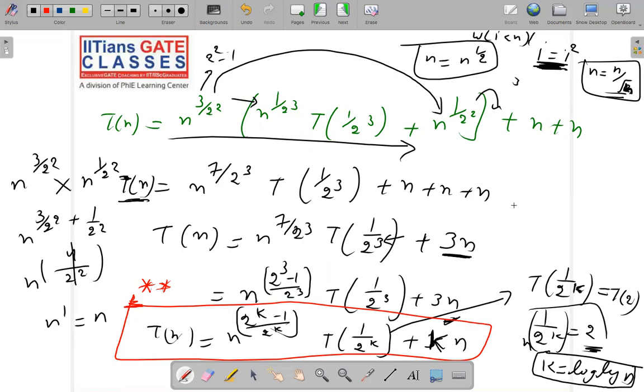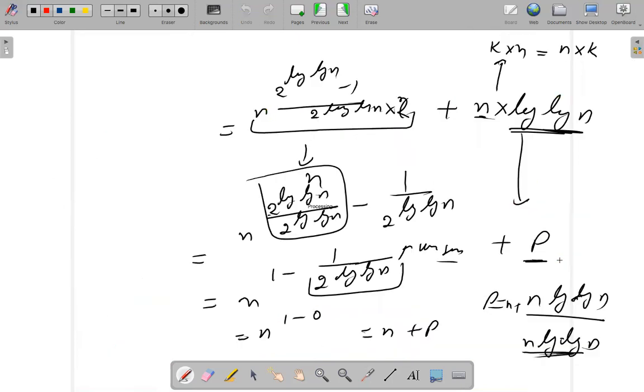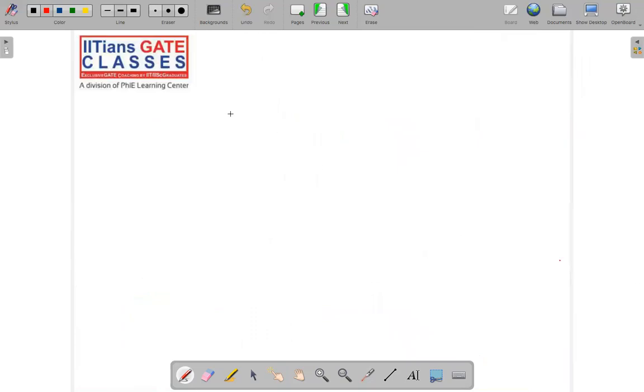So we iterated it k number of times, and what is the value of k? We are saying that n upon 2 raised to power k, the number of times we have iterated, is equal to 2. So if you apply log on both sides and solve this, the k value will become log log n. It's very easy. Like if we say that 2 raised to power k equals 1, or 2, it doesn't matter.